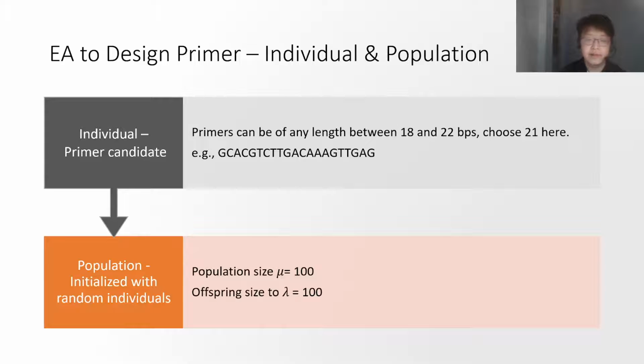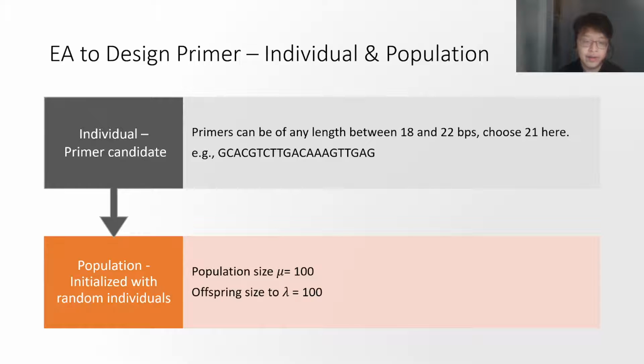I said that the effective primer's length should be 18 to 22. So in this report, the test used 21 as the length of the individual, and here is an example of a candidate.